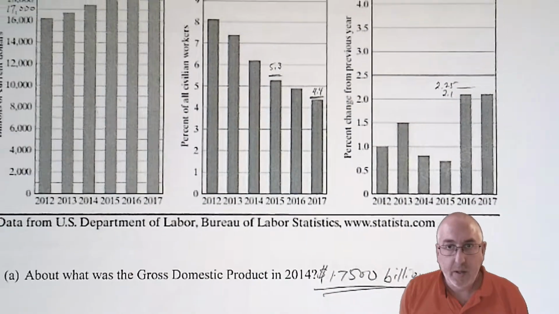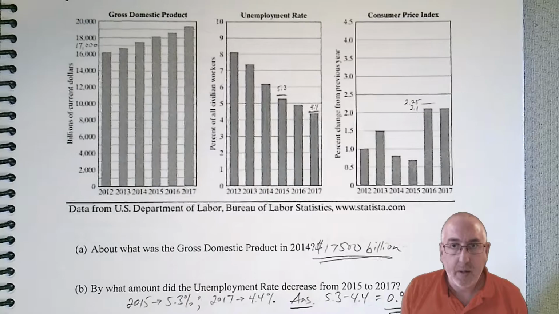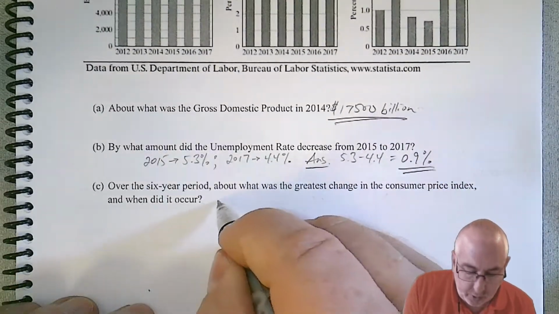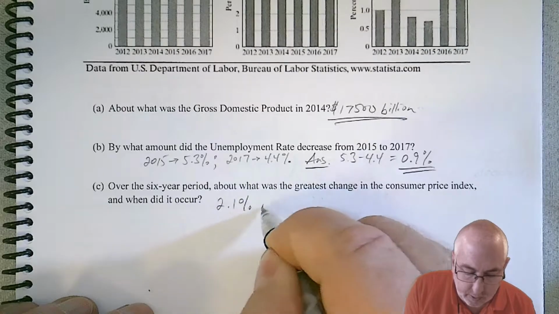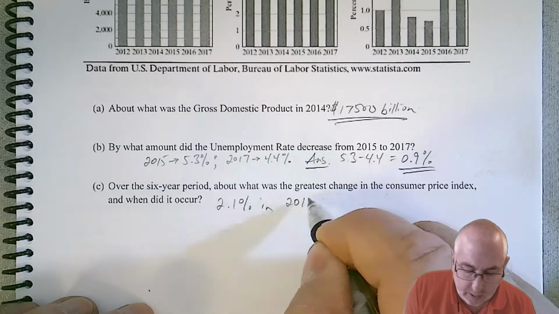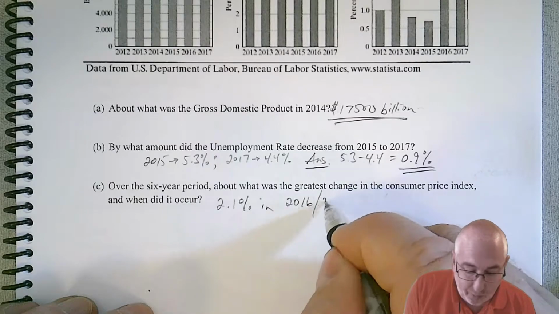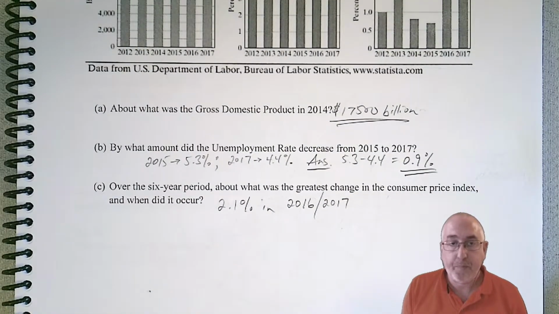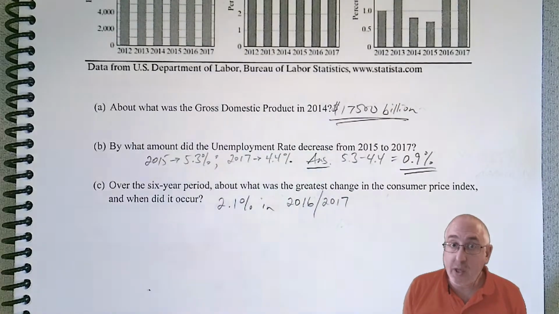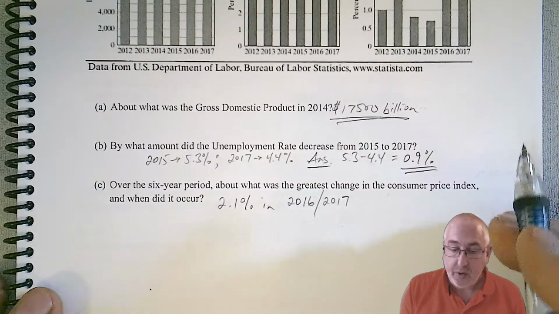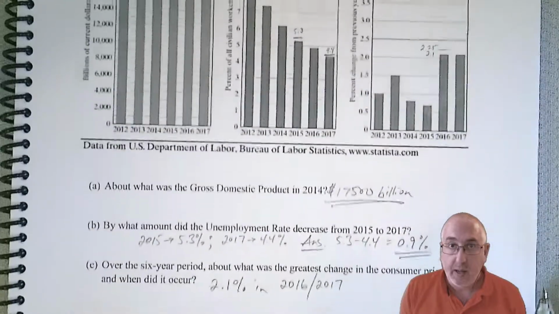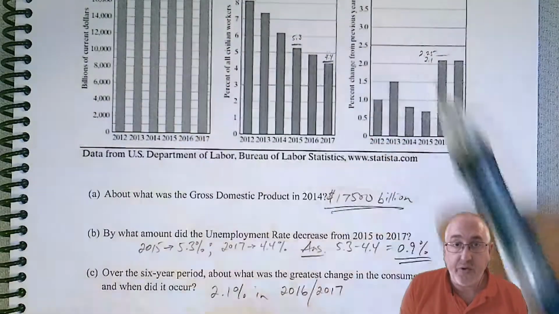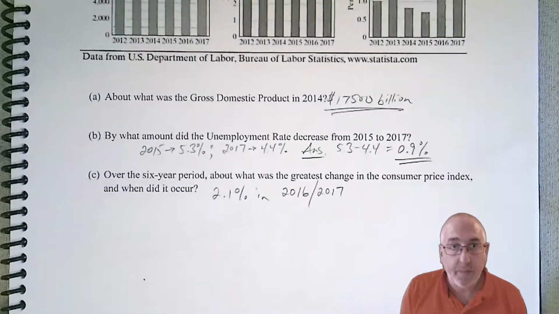So let's zoom back out. And so we're saying 2.1% in 2016. And if we wanted to, we could actually say 2017 as well. But again, that's the greatest change. And this one is just reading the bar because it's percent change from the previous year. So that should be your answer.